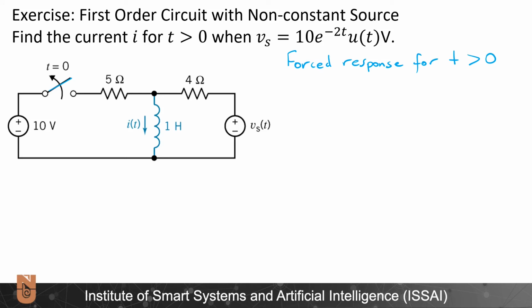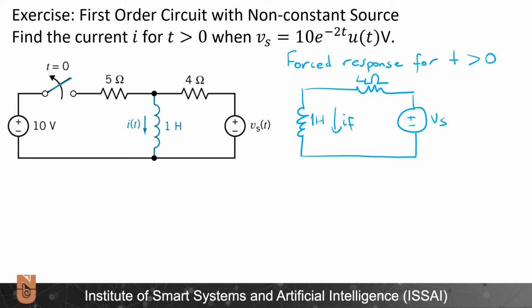The circuit will simply be an inductor, 1 Henry, with the current i_F flowing, 4 ohms, and plus minus Vs. So I will write Kirchhoff's law as L di over dt plus 4 times i is equal to Vs. This becomes di over dt plus 4i is equal to 10 times e to the minus 2t.